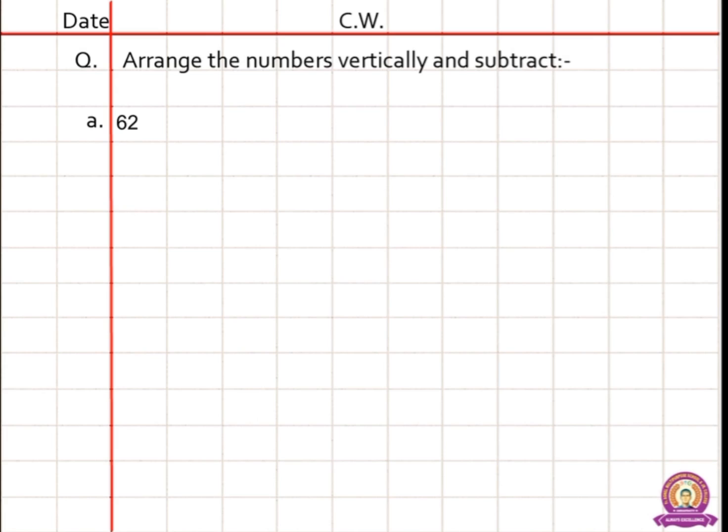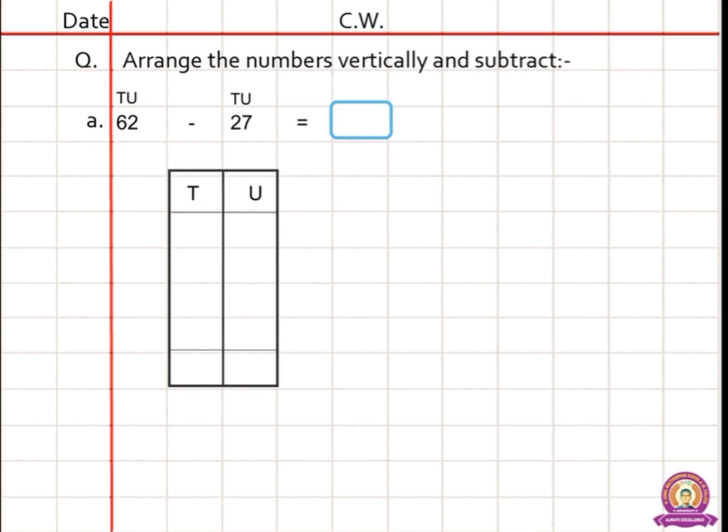A. 62 minus 27. In the number 62, 2 is in the units place and 6 is in the tens place. Minus, in the number 27, 7 is in the units place and 2 is in the tens place.